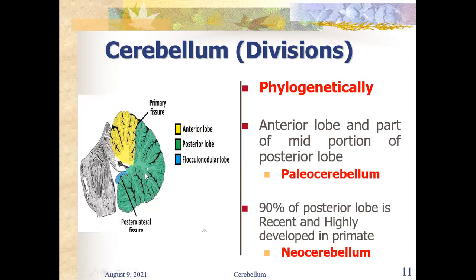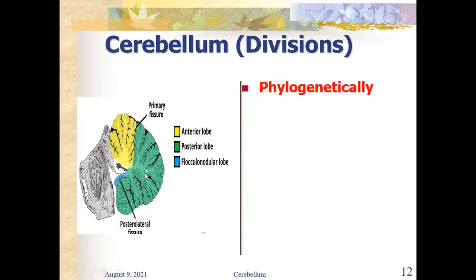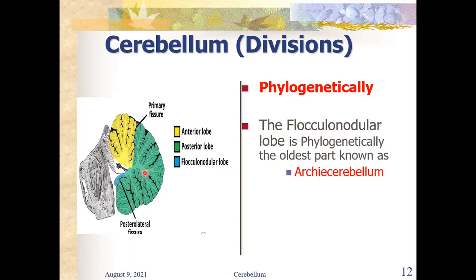It's known as the neocerebellum. Then the flocculonodular lobe that we have already seen is phylogenetically the oldest part of the cerebellum, known as the archicerebellum.